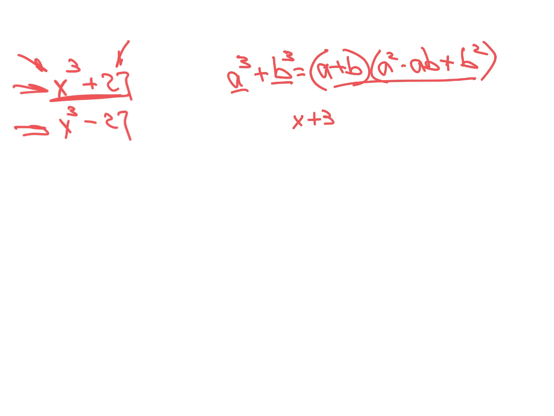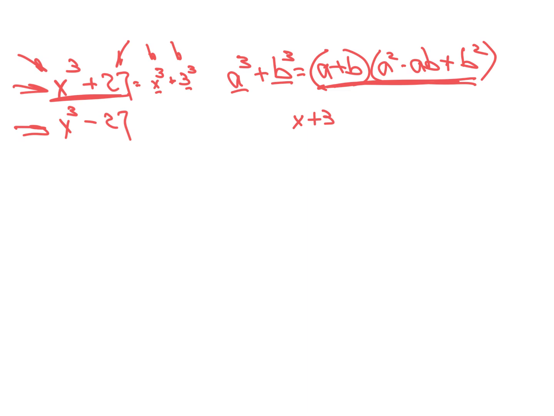So one of the things I like to do is rewrite this as x cubed plus 3 cubed. So I'd like to get the cube on the first term and a cube on the second term, because then when I'm looking at writing it in this format, all I have to do is look at the numbers here. So the a, which is the x, and the b, which is the 3. We don't even care about the exponents here.